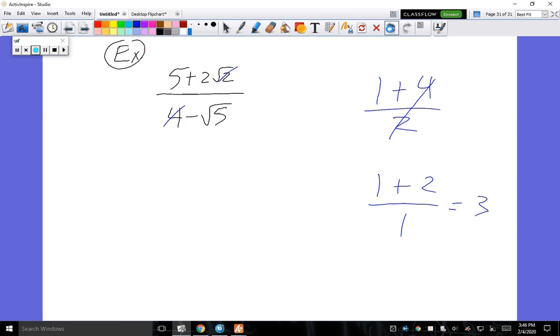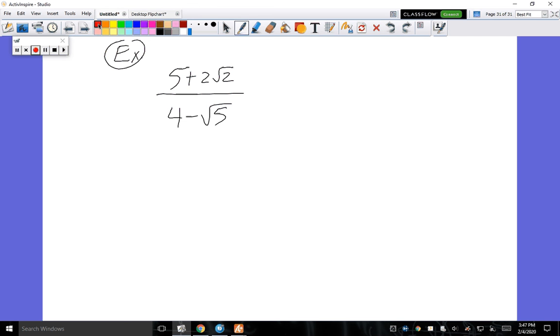Alright, so 5 plus 2 root 2 over 4 minus root 5. I'm going to rationalize the denominator, but it looks a little bit different.